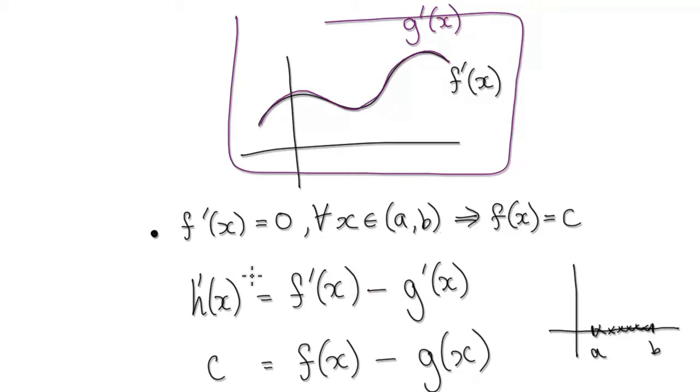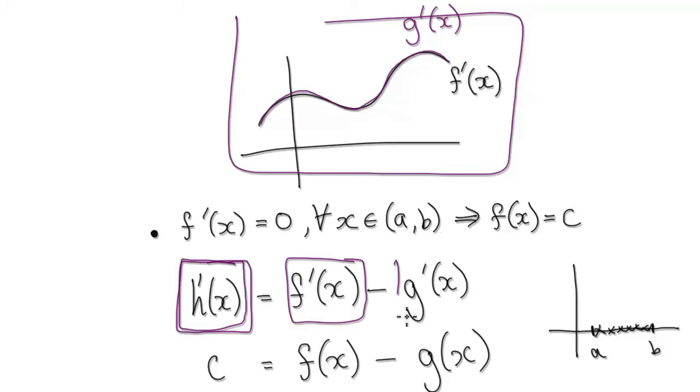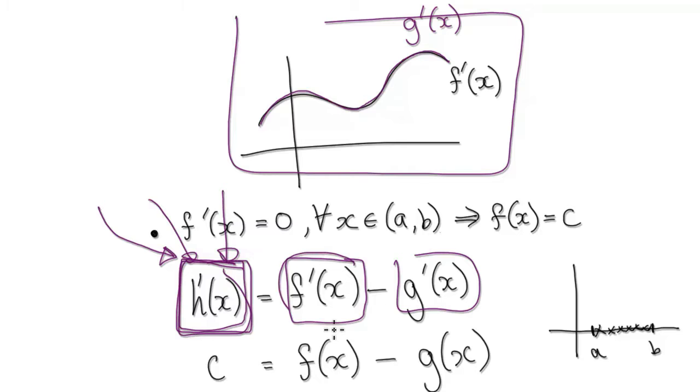So when given this situation, let's create a new function. Let's just call it h prime of x, and define this function as f prime take away g prime. This is nothing more than a name, a label, given to a newly created function, which we define as f prime take away g prime.